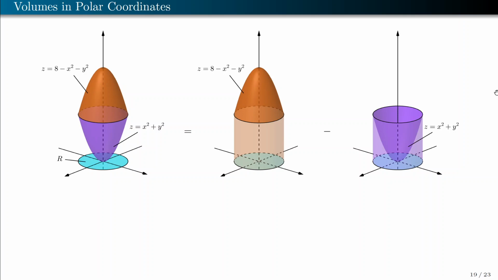Because it turns out the volume of each is given by the double integral of their f of xy over the region R.